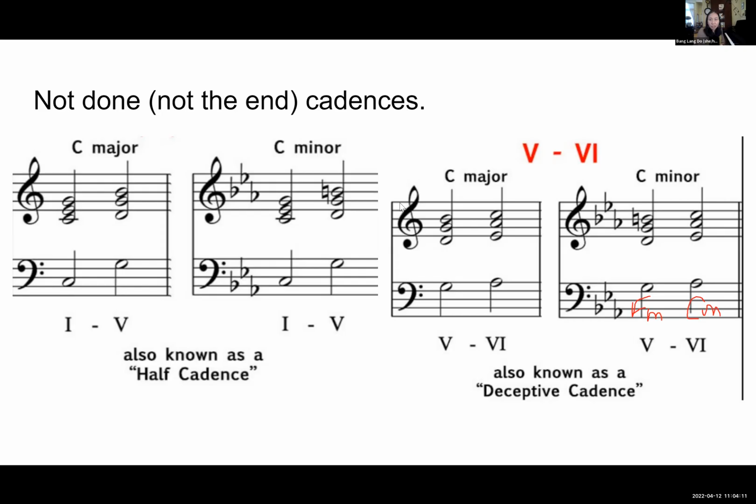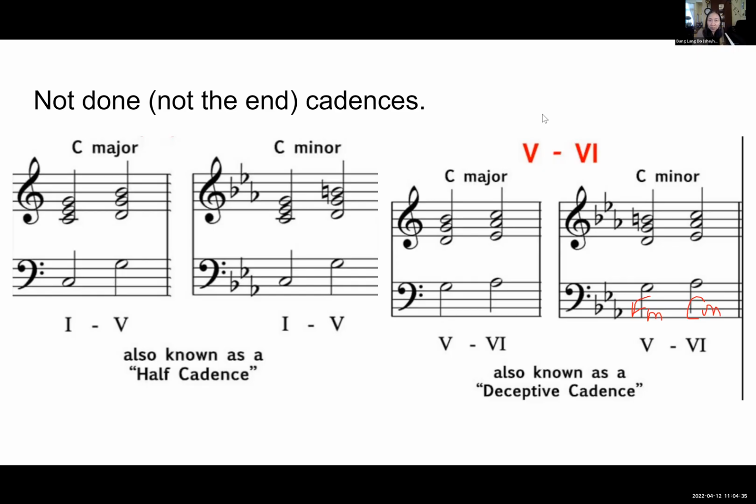The other cadence where you don't feel like you're ending is the deceptive cadence. Why? Because most of the time we hear 5-1, 5-1, but this one is 5, and then going to 6.